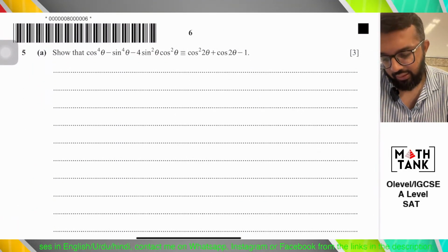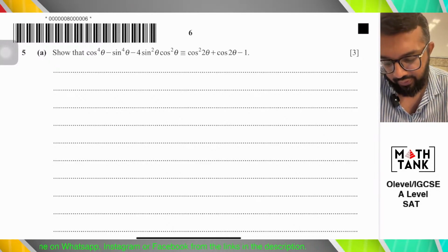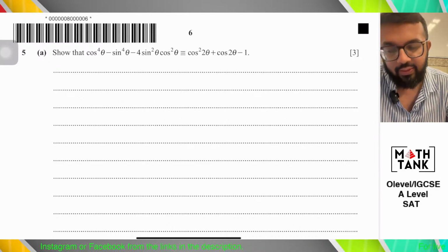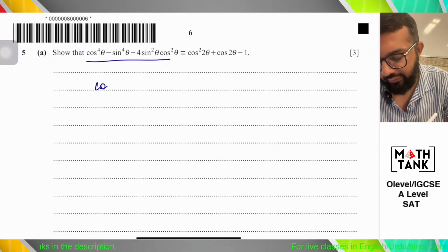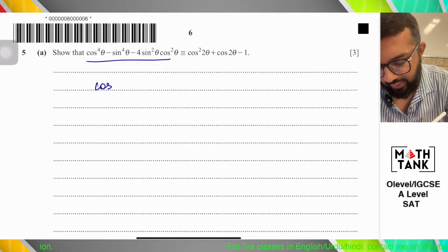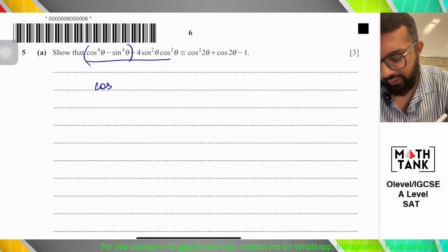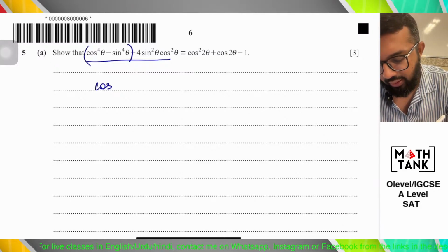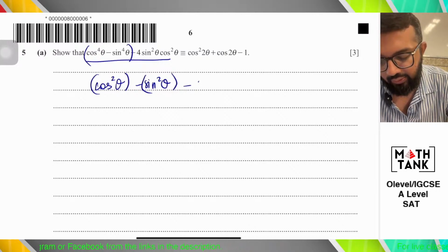Okay, next question. Show that cos 4 theta minus sine 4 theta minus 4 sine square theta cos square theta is the same as this. Okay, what I see is that the three terms don't fit into a square of a plus b. So these two can be factorized. This becomes cos square theta minus sine square theta, and the other one looks like 2 sine theta cos theta whole square.